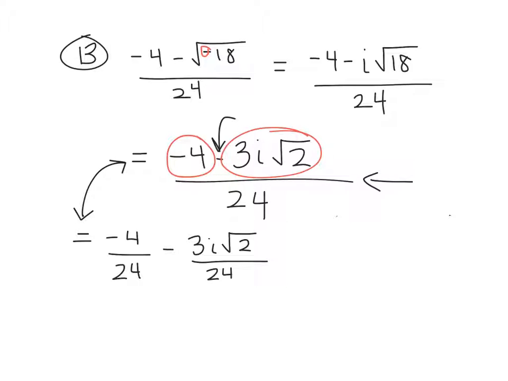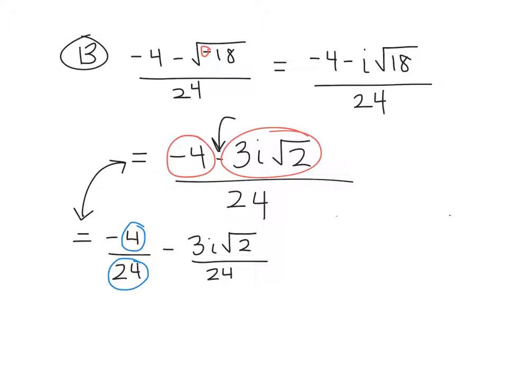Now I want to look at each fraction individually and see if I can simplify the fraction. So if we look at 4 and 24, what number is divisible by 4 and 24? Well, 4 is divisible by 4, and 24 is also divisible by 4.